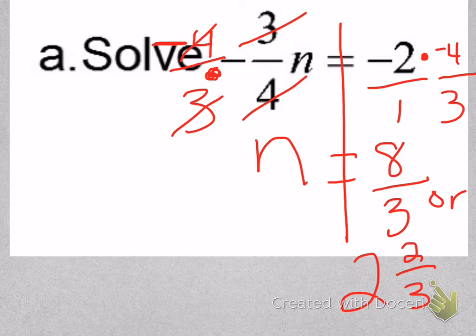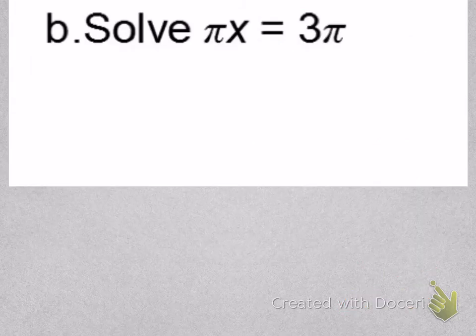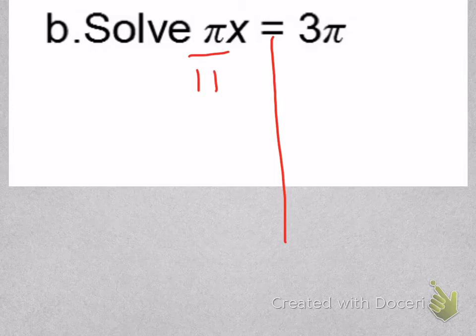And once again, you can test it. Negative 3/4 times 2 and 2/3, that should equal negative 2. Okay, this one here, you're doing the same thing. You're going to get x by itself. In order to get x by itself, we're going to divide by pi.